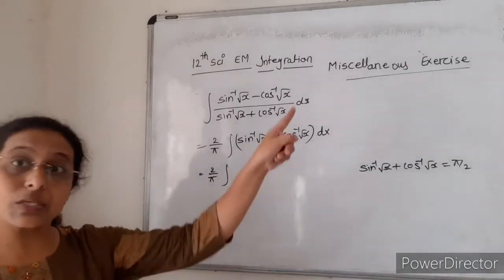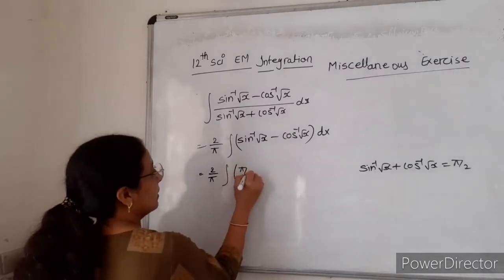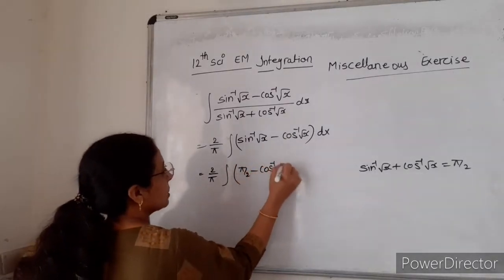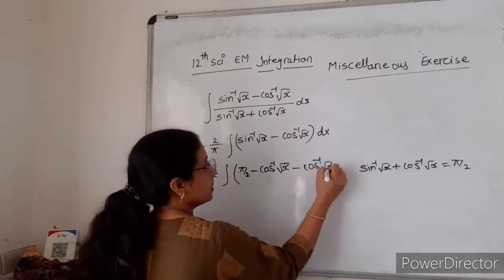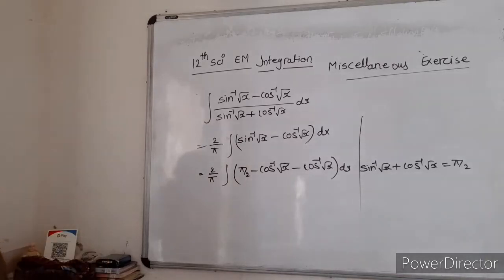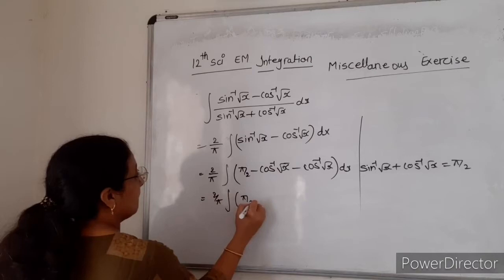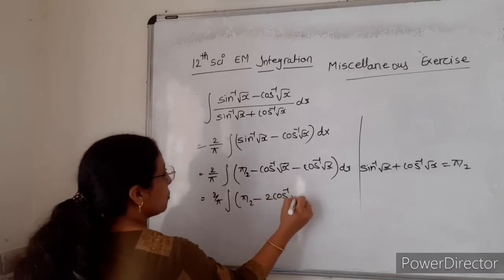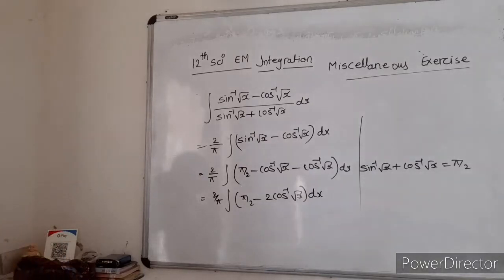Pi by 2 minus cos inverse root x, right? Yes. So I will write pi by 2 minus cos inverse root x, minus cos inverse root x dx. Okay. So it is 2 upon pi, integration of (pi by 2 minus 2 cos inverse root x) dx. Yes or no? Right? Okay.